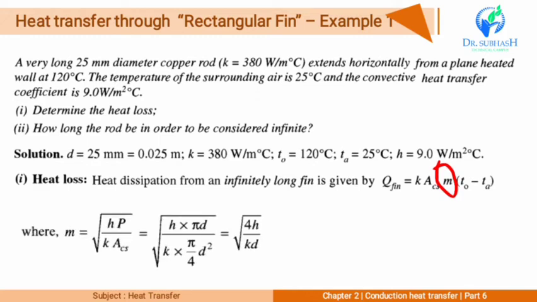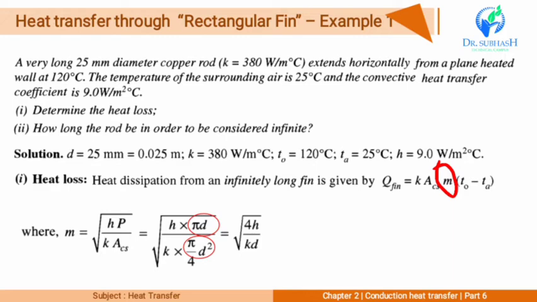We know the equation of m is equal to the square root of h into P divided by k into the cross sectional area. Here P is the perimeter and D is the diameter, so P is equal to pi into D, and A, the cross sectional area, is pi by 4 D square.